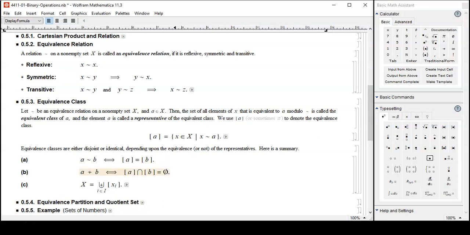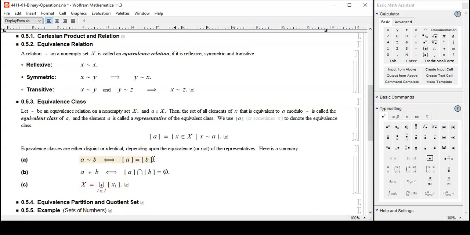Nothing in between. So if I take the union of them all, then of course all the elements of X will have their own equivalence class and it'll cover everything. Certainly this union of all equivalence classes will cover the entire set X. But because of this, there are so many duplicates.